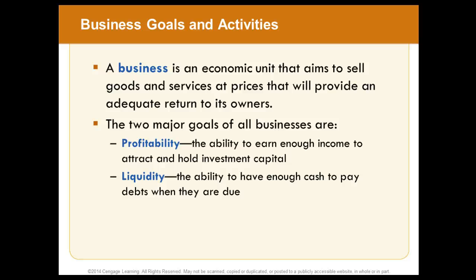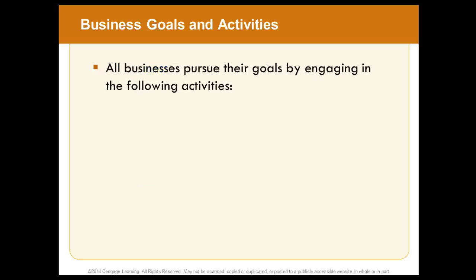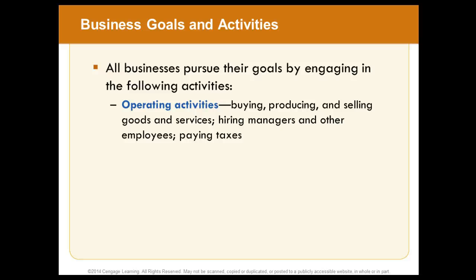Do you get how blatant I am? You're going to remember this, right? Will you see the words profitability and liquidity again? Never. So basically, there's three ways companies try to achieve their objectives.